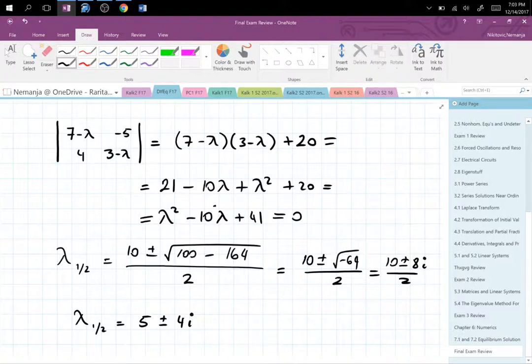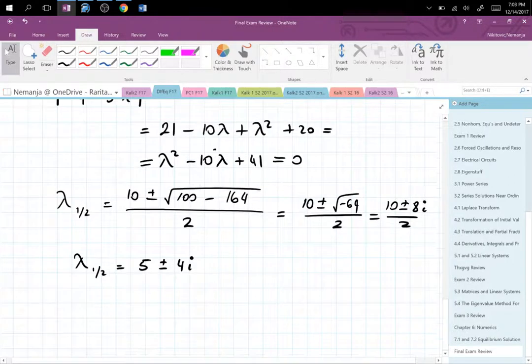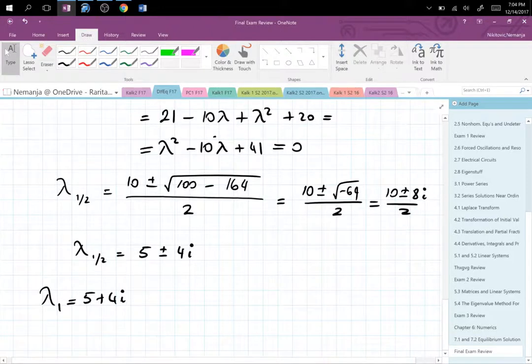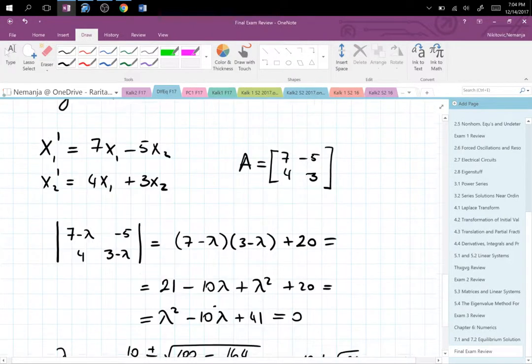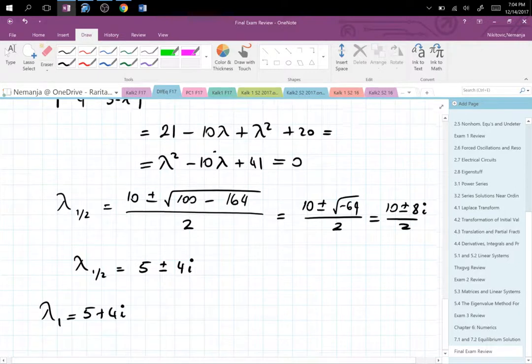Good. So the next order of business is to deal with the lambdas. So lambda 1 is 5 plus 4i. So we plug that into our matrix. So what was our matrix? 7 minus lambda.